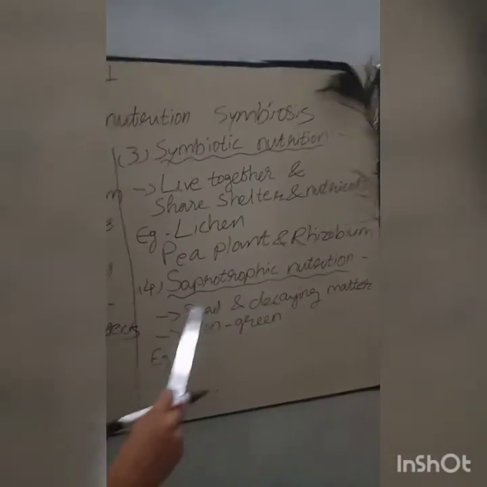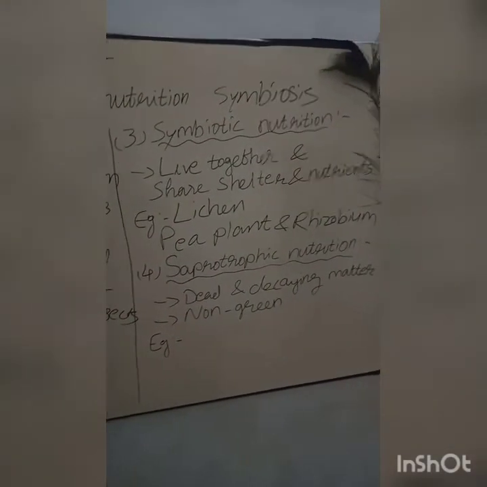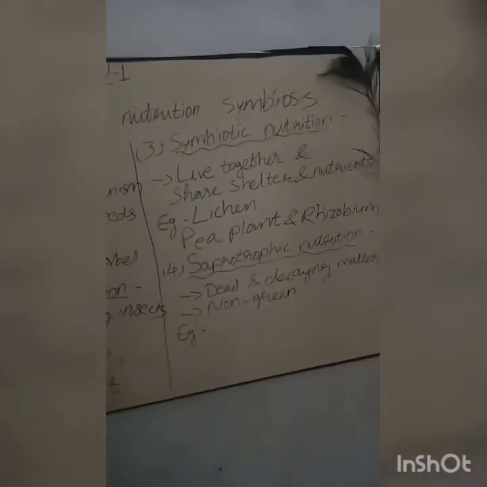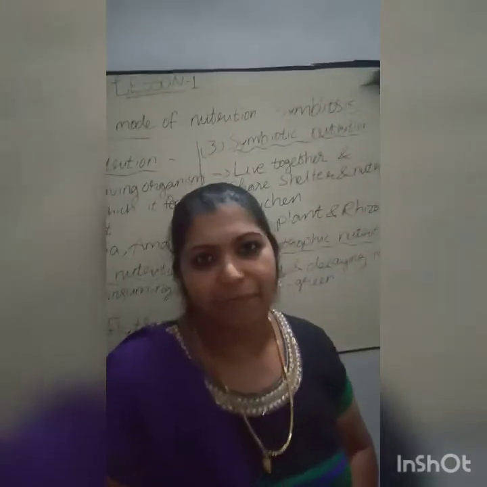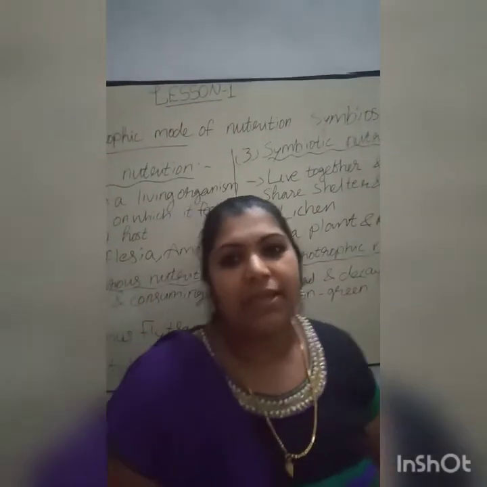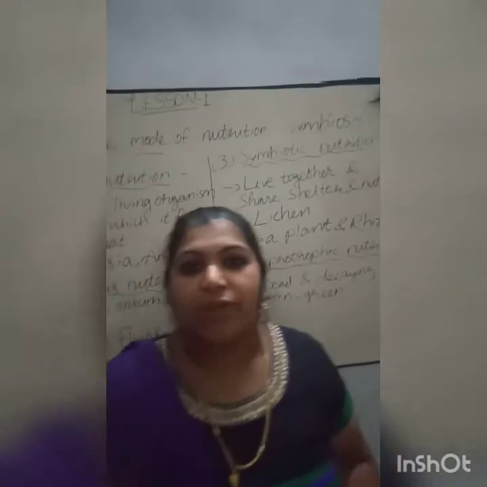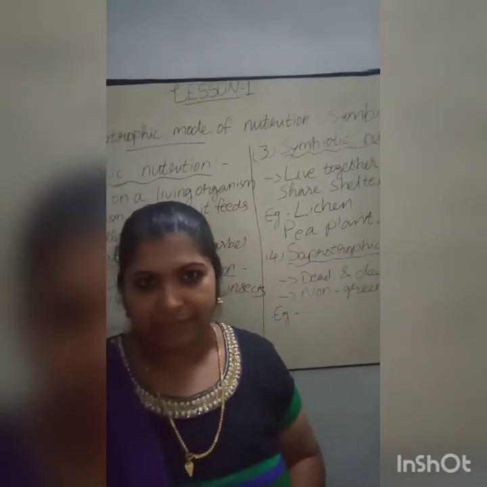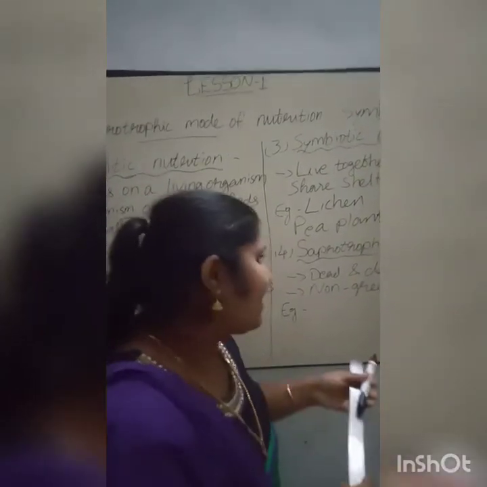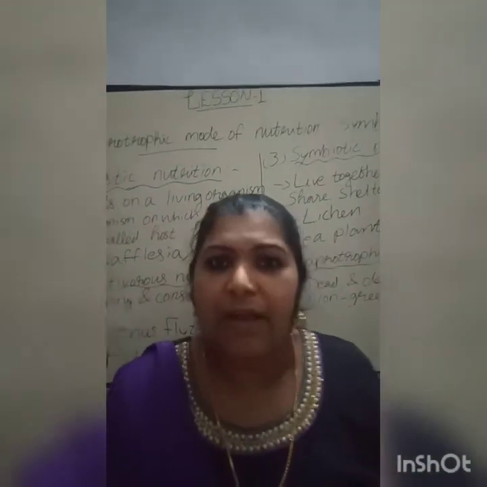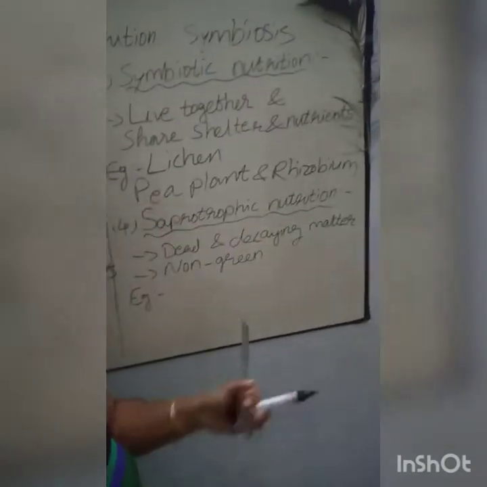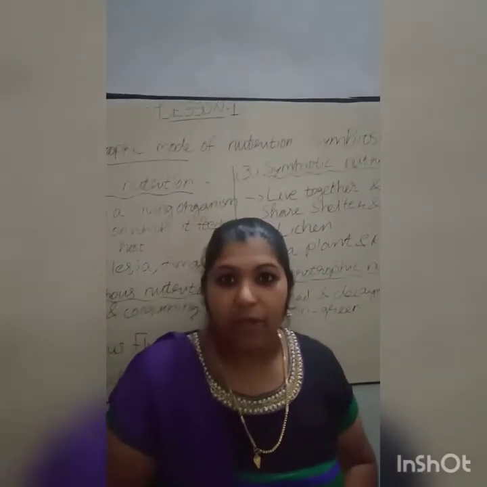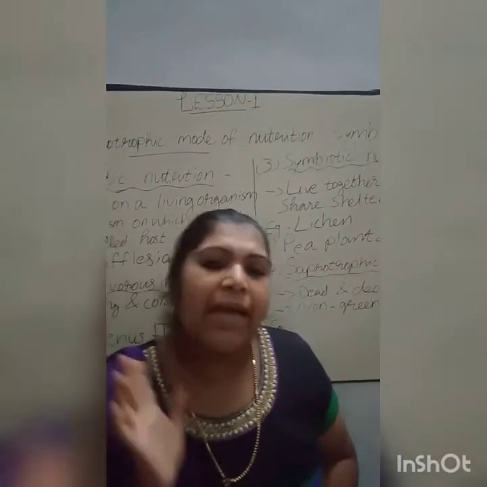Then the last one is saprotrophic mode of nutrition. In this type, they derive their nutrients from dead and decaying matter. These types of plants are non-green because chlorophyll is absent.